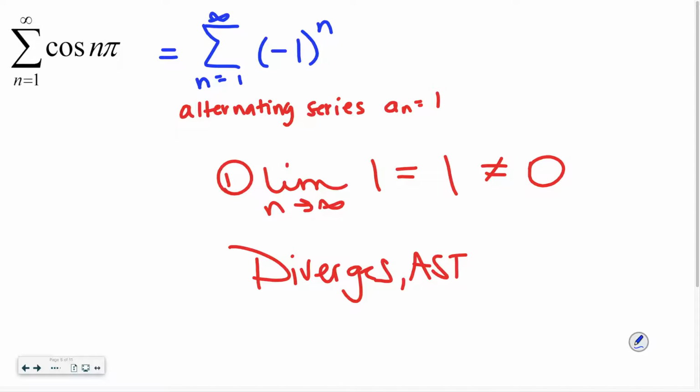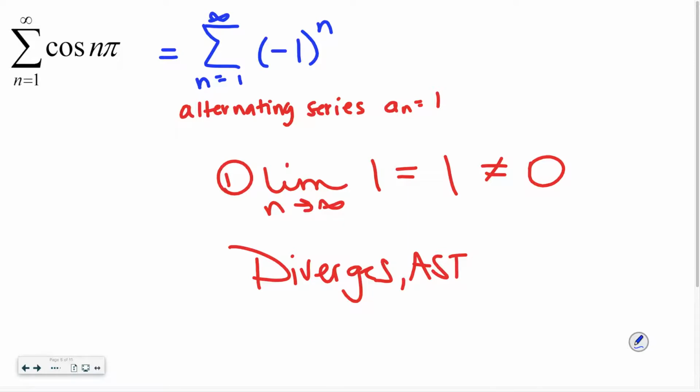You could say alternating series test. You could say it diverges by the nth term test because our limit isn't 0. I don't care. But here would be an example of an alternating series that diverges. So once the first step is broken, you don't have to test it at all. You can just say that it diverges. Correct. If the first one doesn't work, it doesn't even matter about the second.